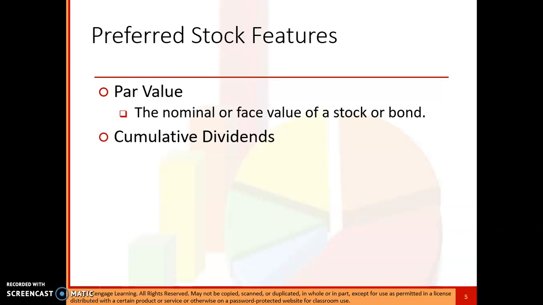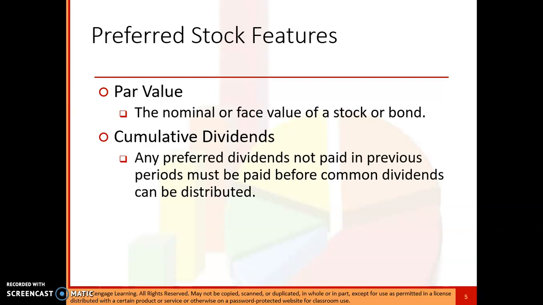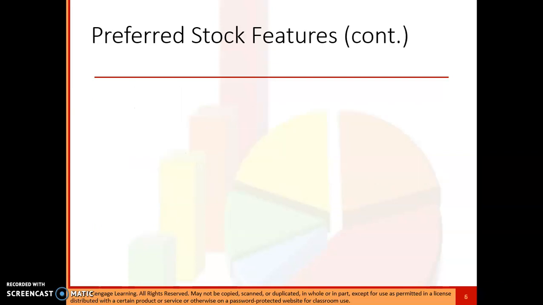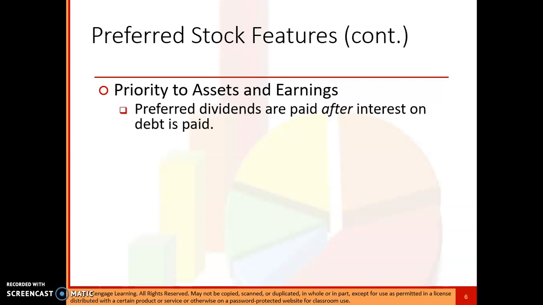Dividends are cumulative, meaning that if the dividends aren't paid in previous periods, they have to be paid before common dividends are paid. Preferred stockholders fall between bondholders and common stockholders. It does not have a specific maturity date. Priority of assets, we talked about this.